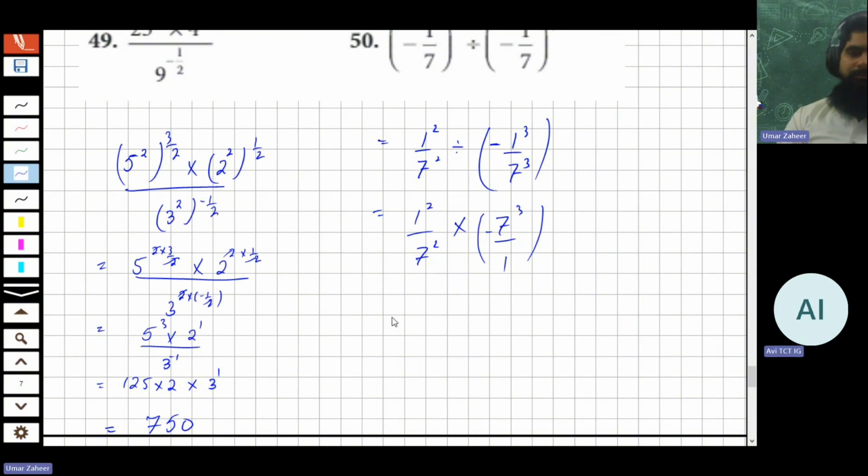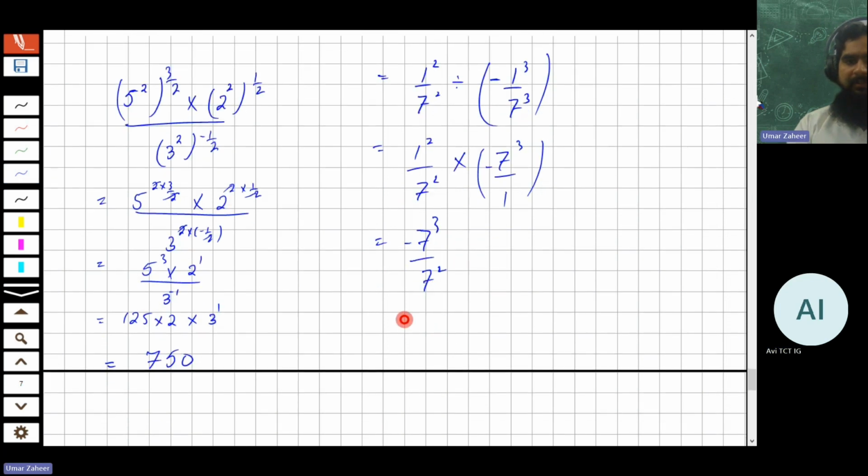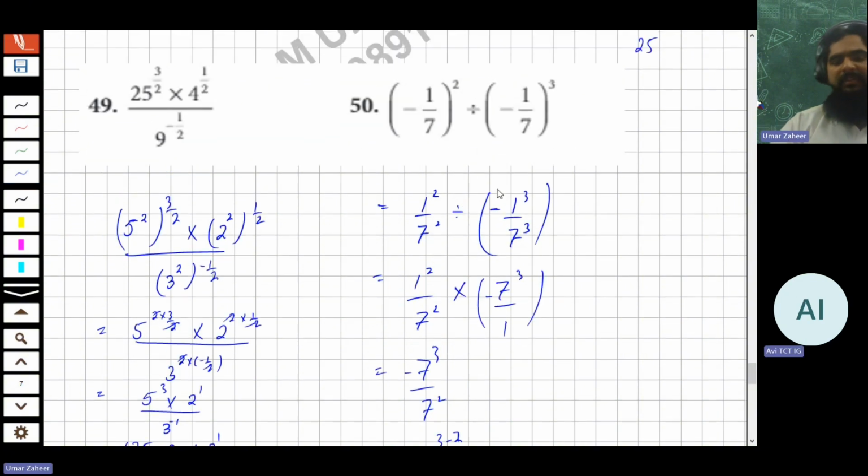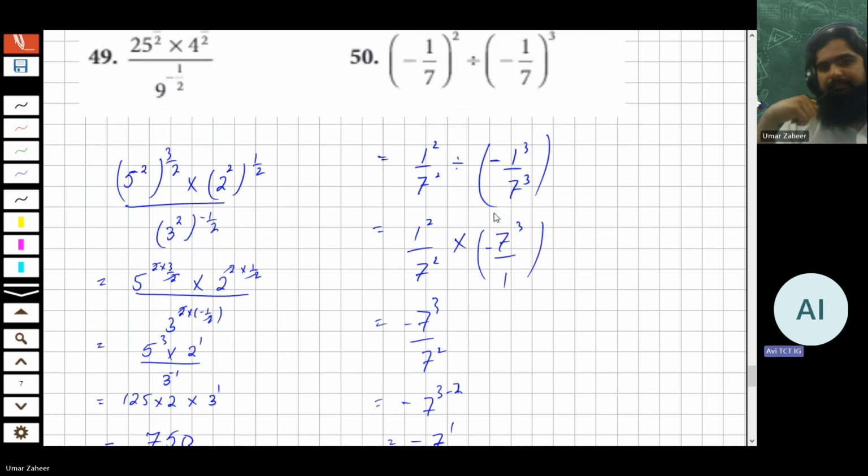So we will get minus 7 cube divided by 7 square. I'm just going to multiply them. They are dividing, so you have to subtract the powers. You will get 7 raised to power 1. We can solve it directly here as well. 7 raised to power 2 minus 7 raised to power 3, you will get minus 1. You have to take it in the numerator and so on.